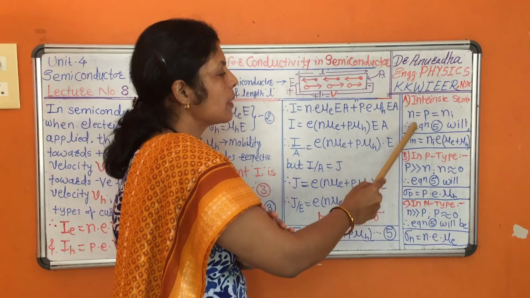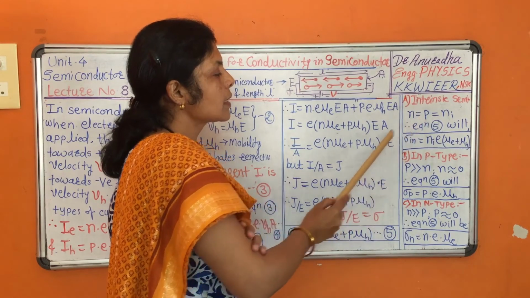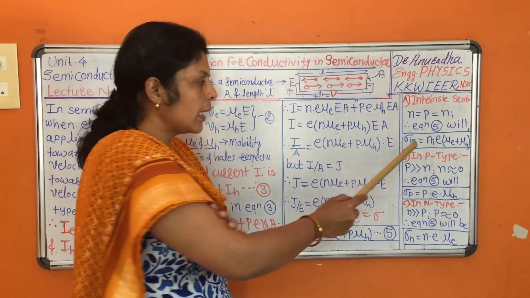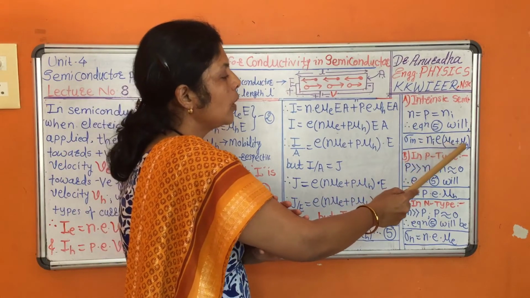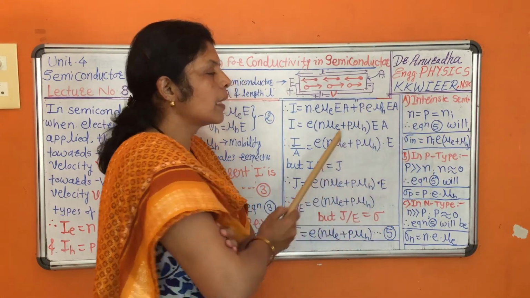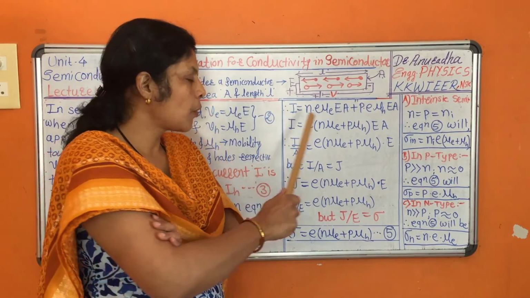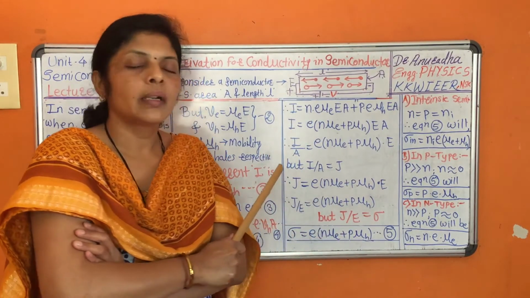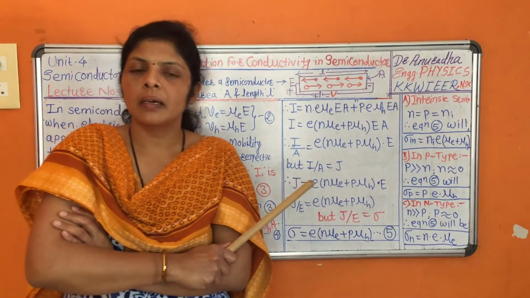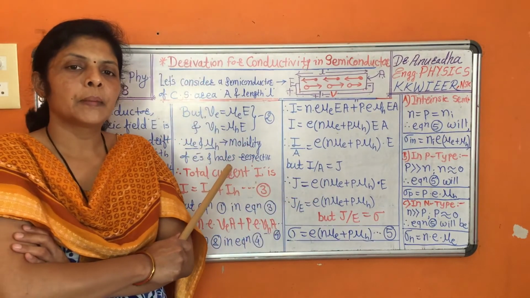While in intrinsic semiconductor, both charge carriers are present to equal extent, and hence we have to consider mu_e and mu_h also for studying conductivity of intrinsic semiconductor. So all these formulae are important for determination of conductivity of conductors and semiconducting material.